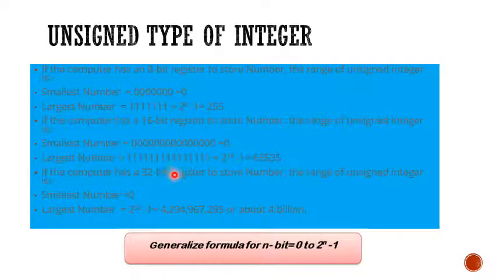Similarly, if the computer has a 16-bit register to store the number, the smallest number is 0 and the largest number is 2 to the power 16 minus 1, that is 65,535. If a computer has a 32-bit register, then the largest number is about 4 billion. Okay, so the general formula for n bits is 0 to 2 to the power n minus 1.